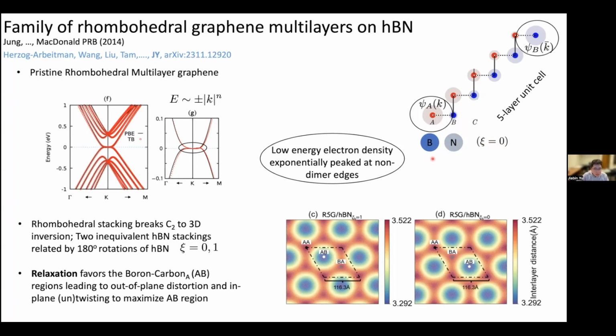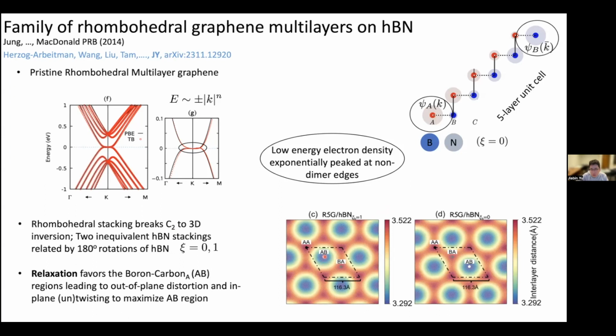Besides the interlayer tunneling, there's another effect of the hBN, which is the relaxation. Since the boron wants electrons from the carbon atom, if it is close to a carbon A atom, the interlayer distance will be smaller.